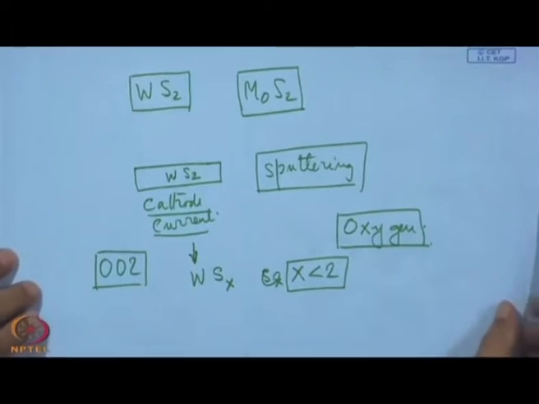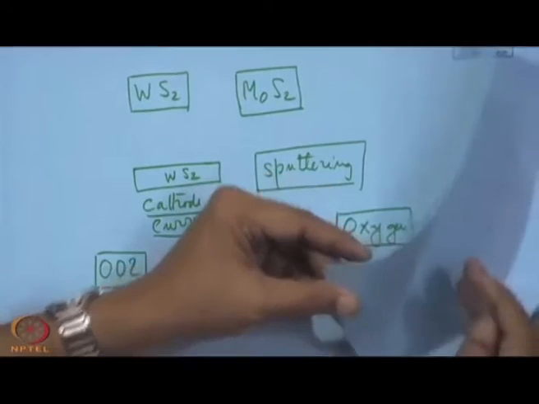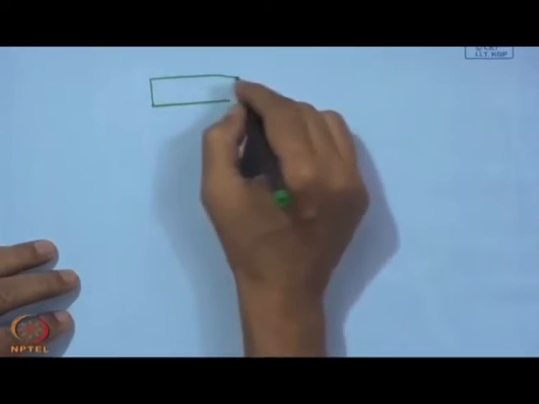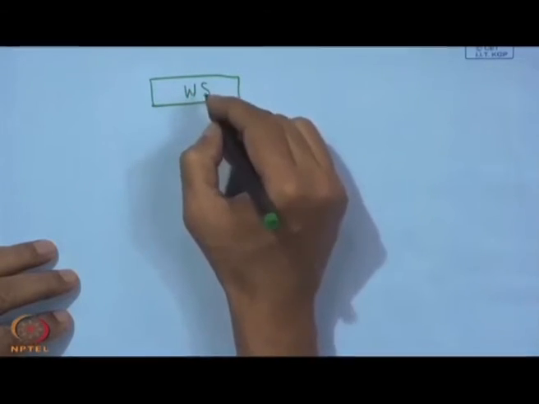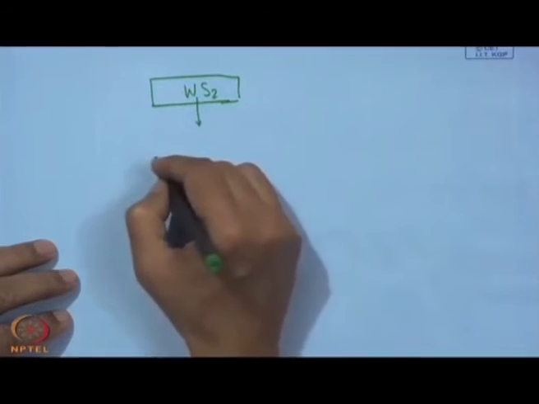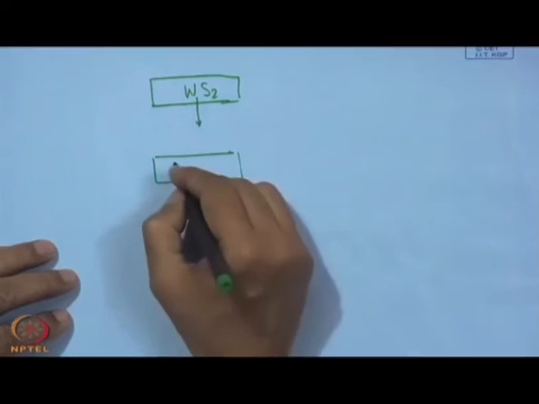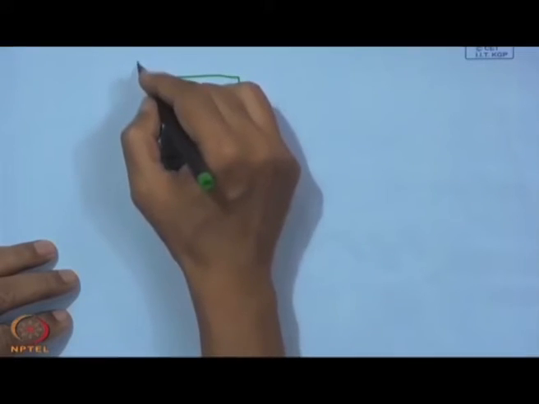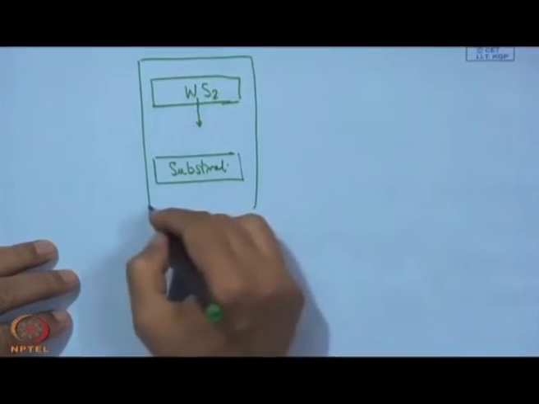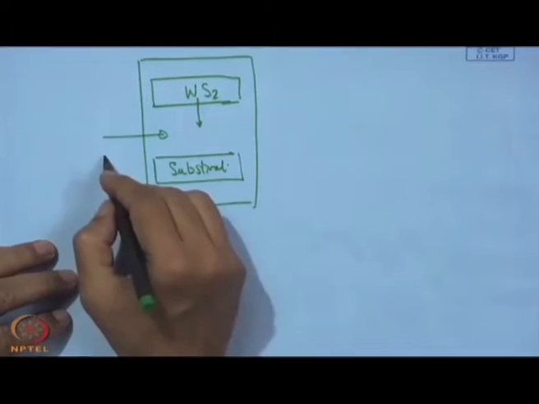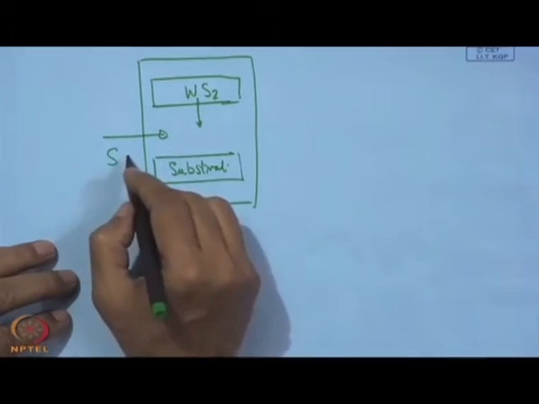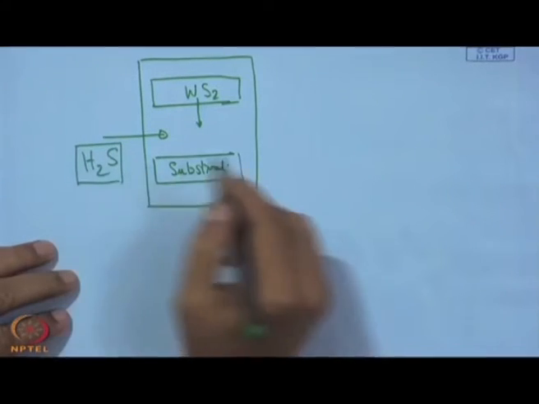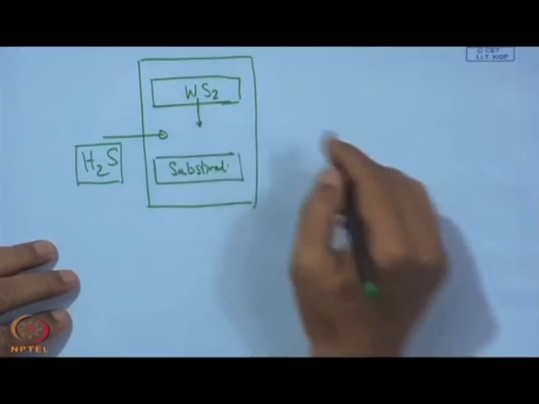So the idea here is to have this WS2 where we have some deficiency in sulfur, and to have admittance of sulfur, so this is the substrate, and here we have sulfur in the form of H2S, which is admitted to make up this deficiency.